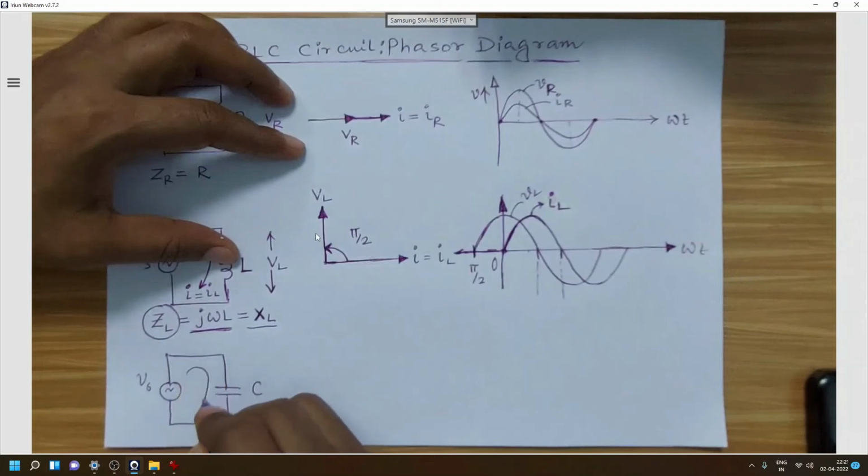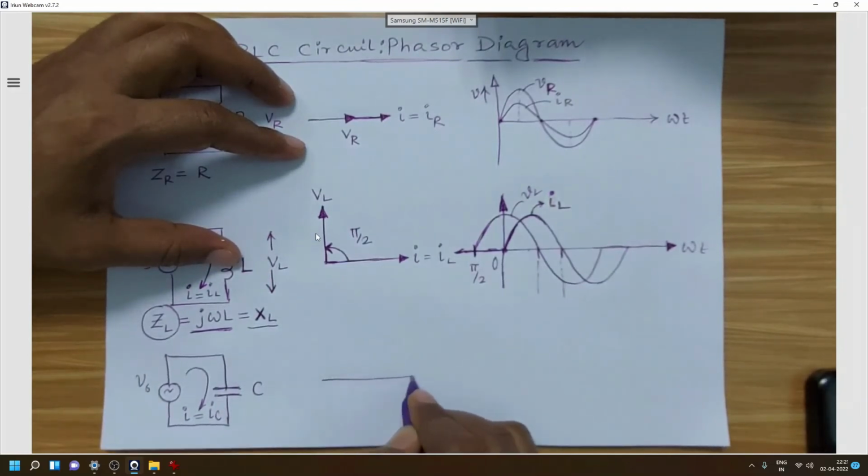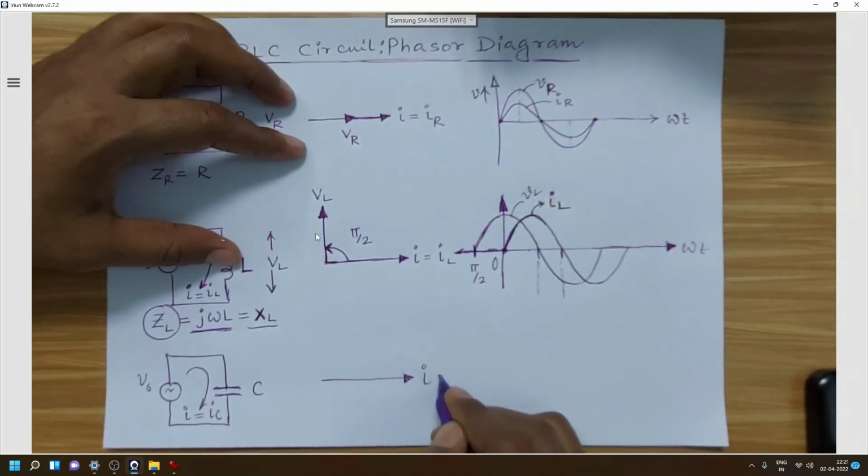Now if we consider the other circuit, where one pure capacitor is connected across the Vs, then also current will be produced, denoted by IC, and we will start drawing the phasor diagram with the reference I equal to IC again, because it is also a series circuit.